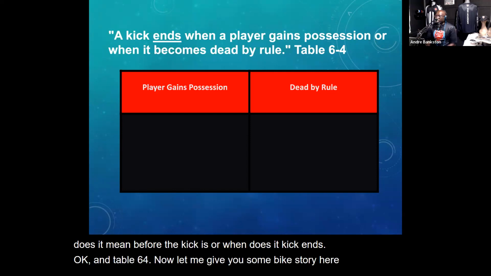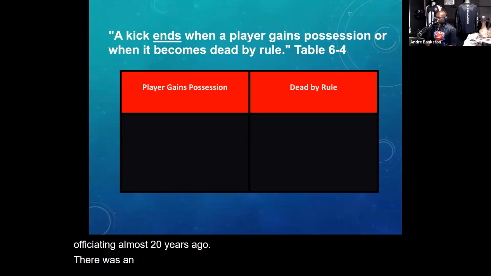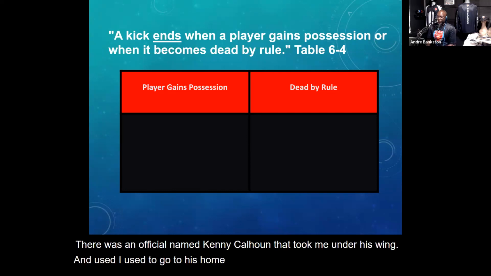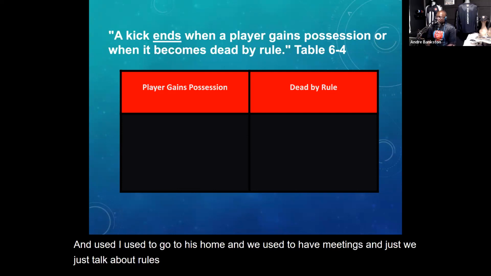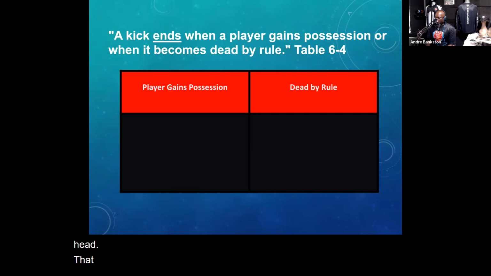When I started officiating almost 20 years ago, there was an official named Kenny Calhoun that took me under his wing. I used to go to his home, and we used to have meetings, and we used to talk about rules. And one of the things that he drilled in my head that I needed to know, basically verbatim, is this right here.